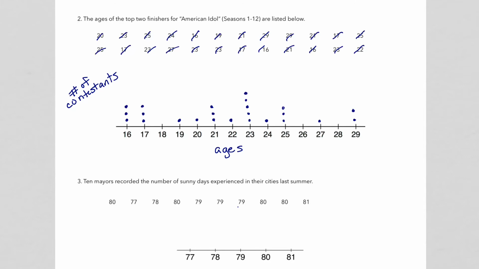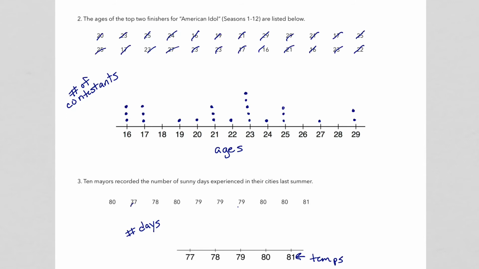Okay? And then down here at the bottom, 10 mayors recorded the number of sunny days experienced in their cities last summer. So our numbers down here represent the temperatures, and then our dots represent the number of days that had those temperatures. All right, so again, this one's shorter, a little bit easier.